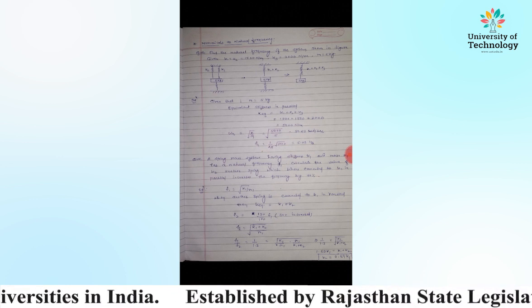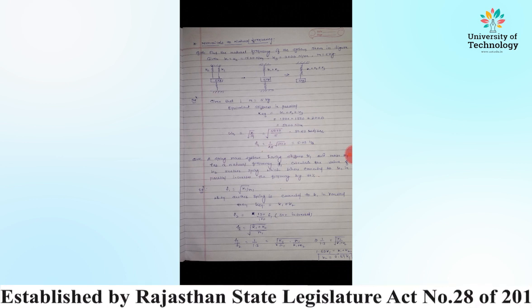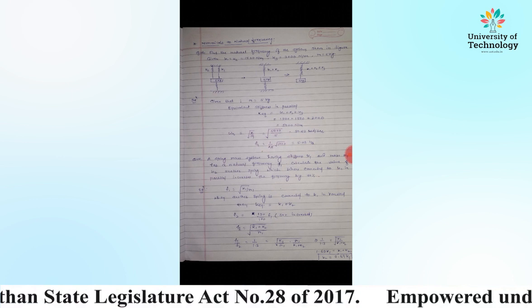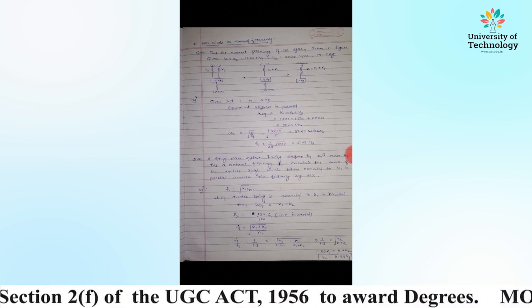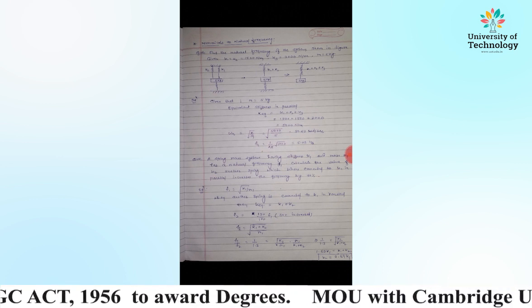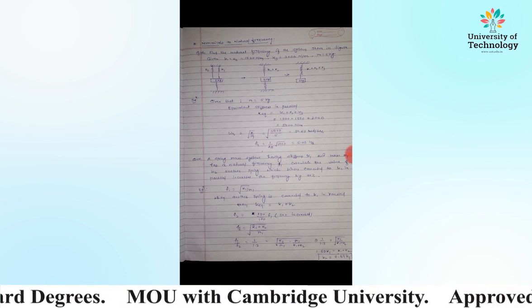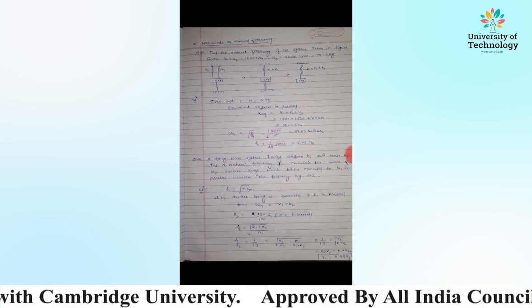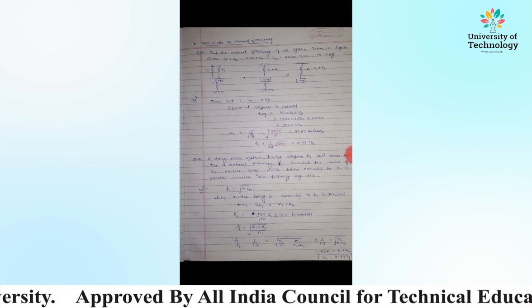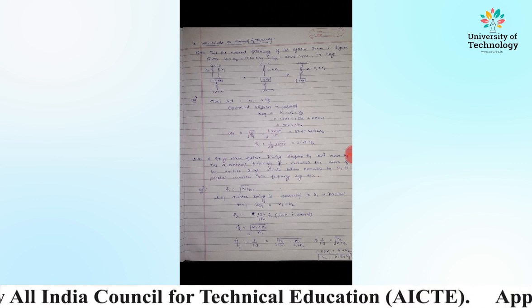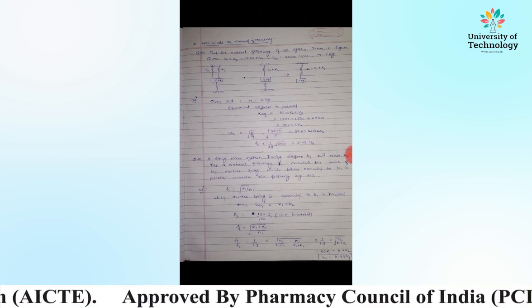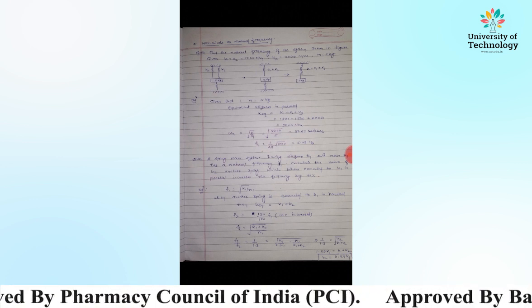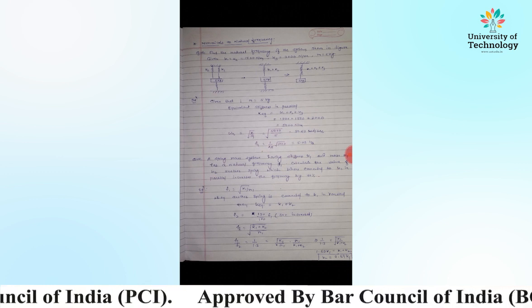Now K1 plus K2 and K3 are also in parallel, then the net stiffness K equivalent will be K1 plus K2 plus K3. So we can say the net K equivalent is 1500 plus 1500 plus 2000, which means net 5000 Newton per meter.